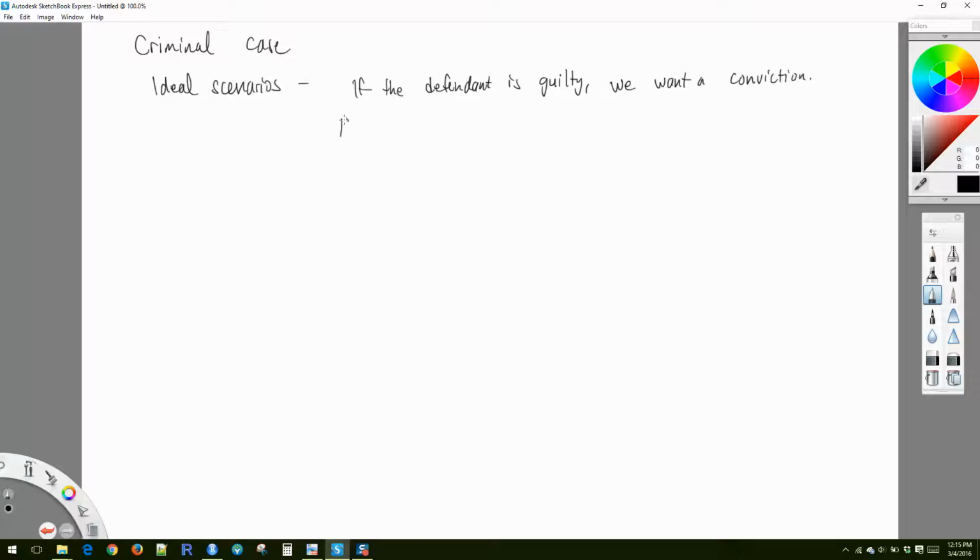Okay. And if the defendant is innocent, okay, we want an acquittal, right? We want to let that person go free.